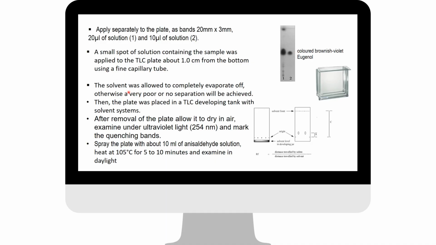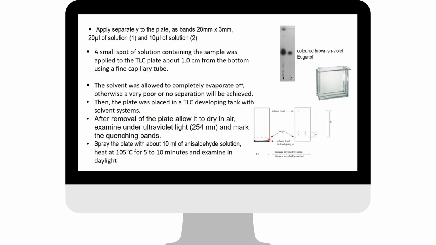So how to run the TLC? First, take the sample by capillary tube. Put the capillary tube inside the solution, and then place a spot on the TLC plate. It should be 1 centimeter above the baseline, like this.